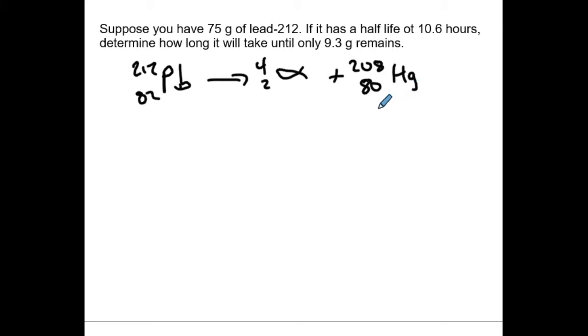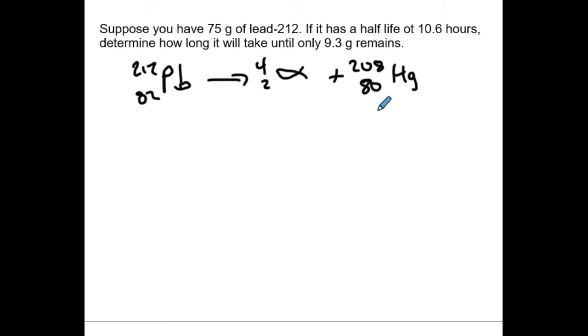But it's not like every single lead particle is going to decay all at once, right? We just know that they're going to do it randomly, once in a while. But if you have many, many particles, we can predict how long it's going to take. Vegas would be a good example. On any one die roll, Vegas has no idea what's going to happen, but it does know what's going to happen with a law of averages.